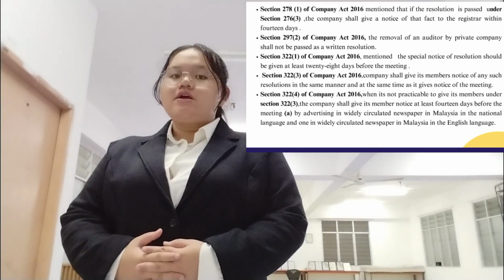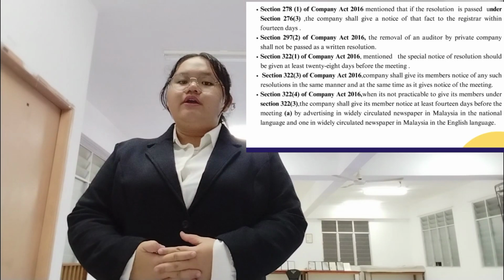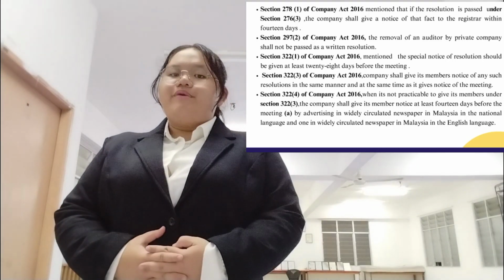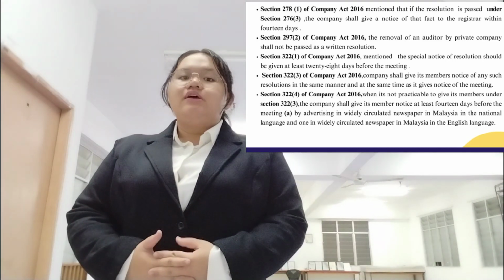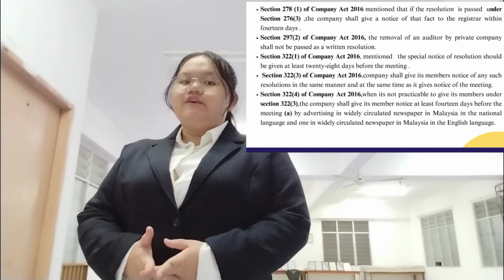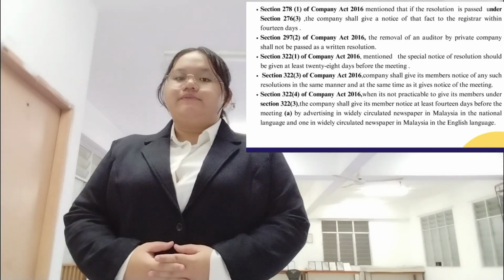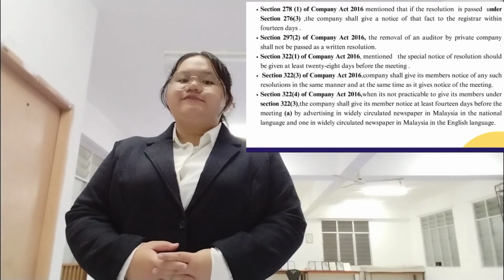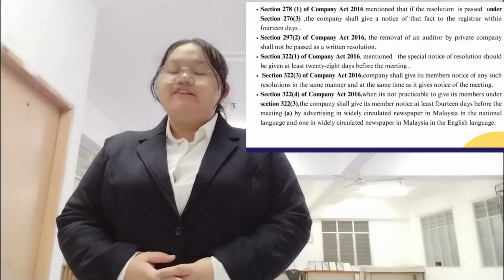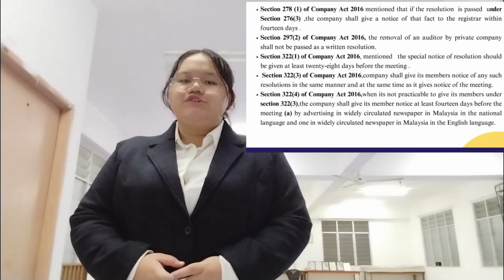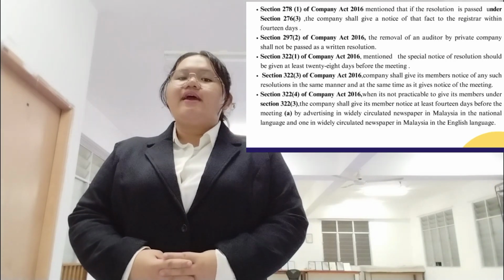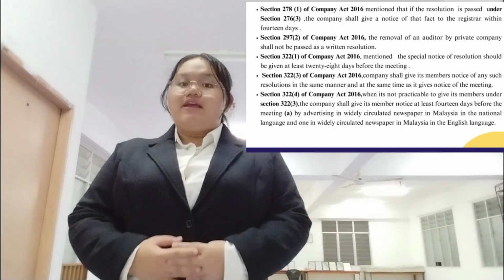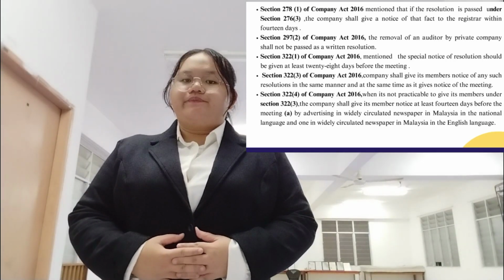An auditor has the right to be heard or to have the copy of the representation, made within 7 days, read to every member. The special notice should be given to the company at least 28 days before the meeting.